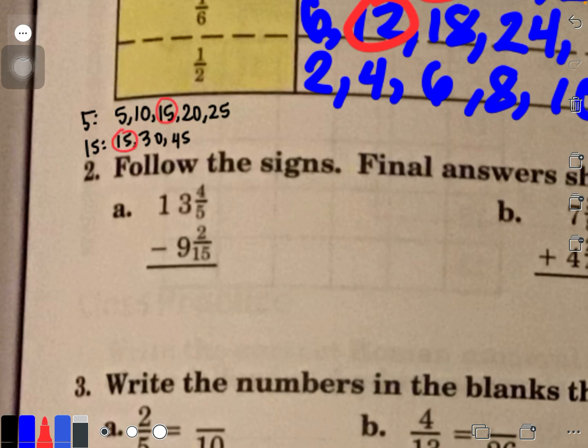Okay, so I'm going to rewrite it here, 15 and 15. You can do that too. Now, what did I multiply to 15 to get 15? I multiplied 1. So if this is times 1, this is times 1. That's just a 2. Okay?